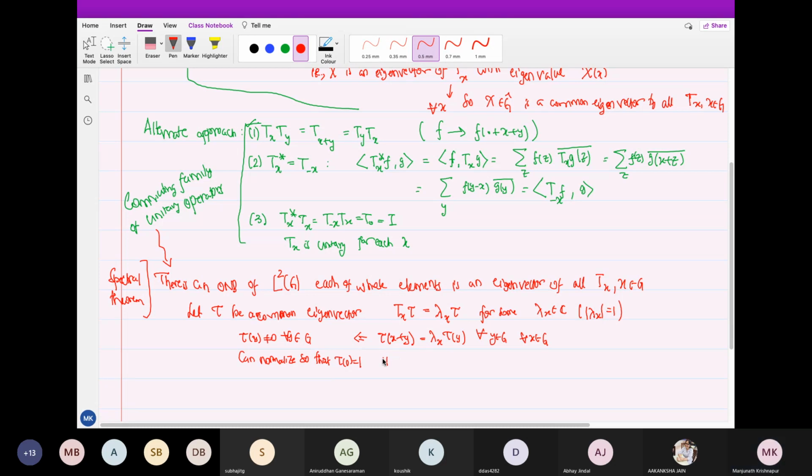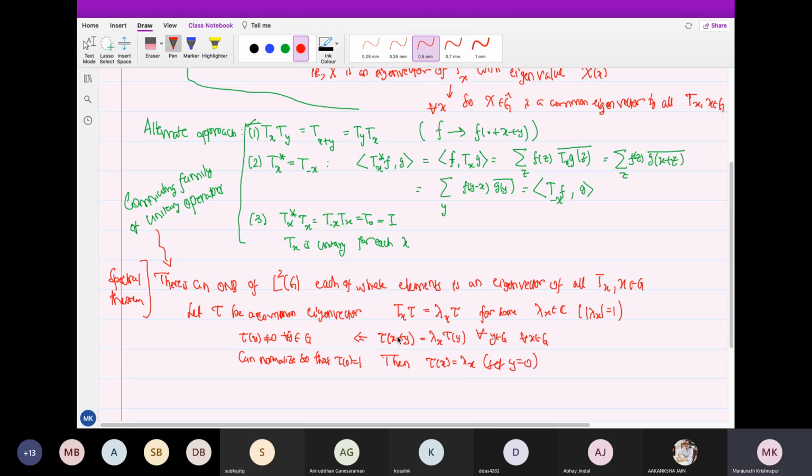But then what we see from here is, put y equal to 0. You get tau of x equal to lambda_x.